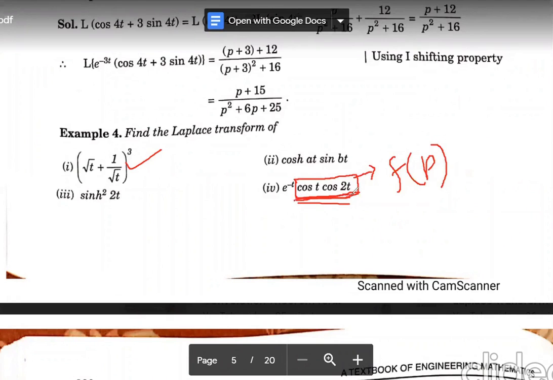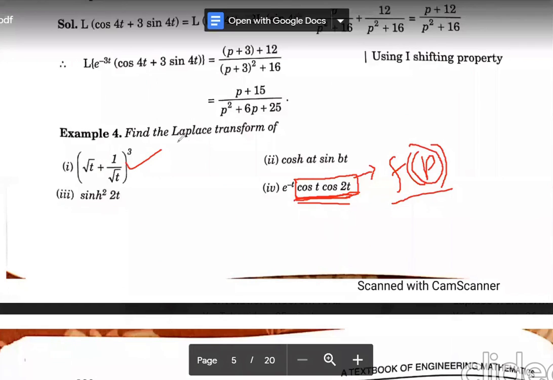So after finding the Laplace transform of this part, that will be a function of p. In that, by using the first shifting property, each p should be replaced by p plus 1, and then simplify it, you will get the required Laplace transform.